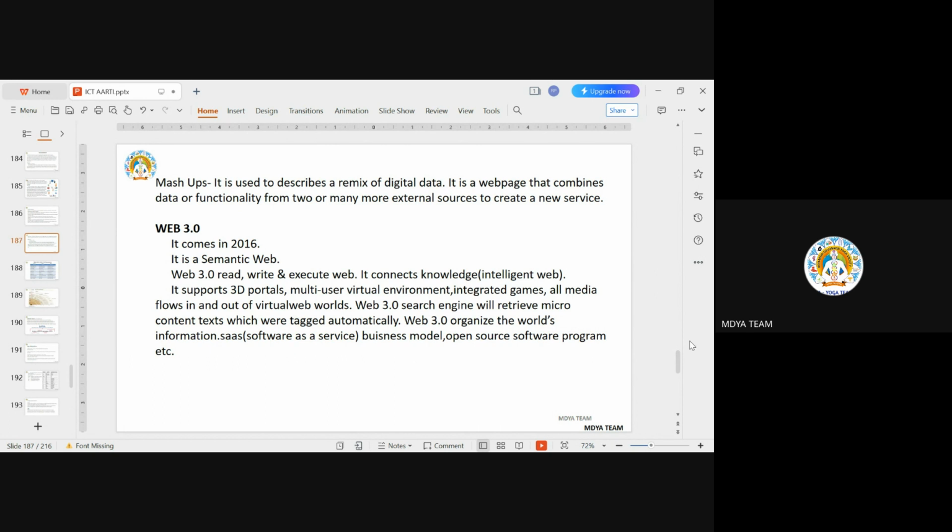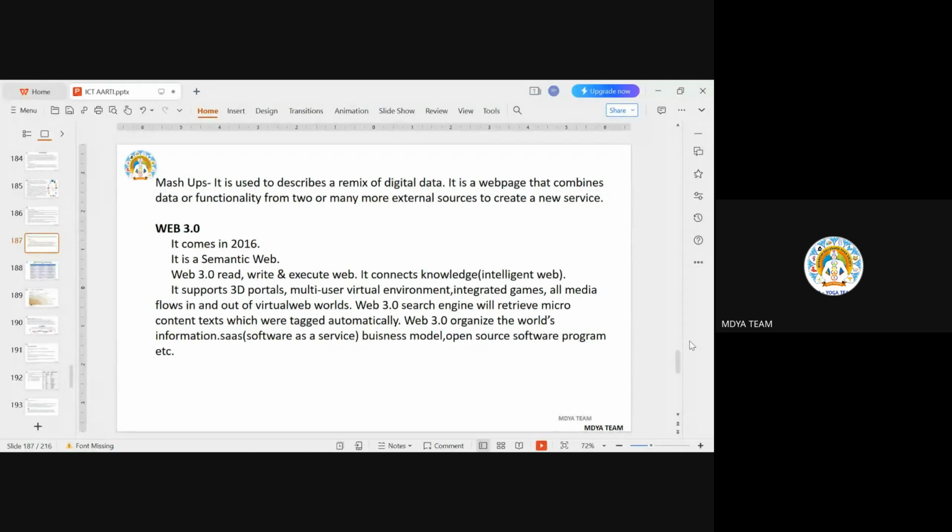Web 3.0 search engines will retrieve micro content text which is tagged automatically. As you see now, like you are searching for jeans.